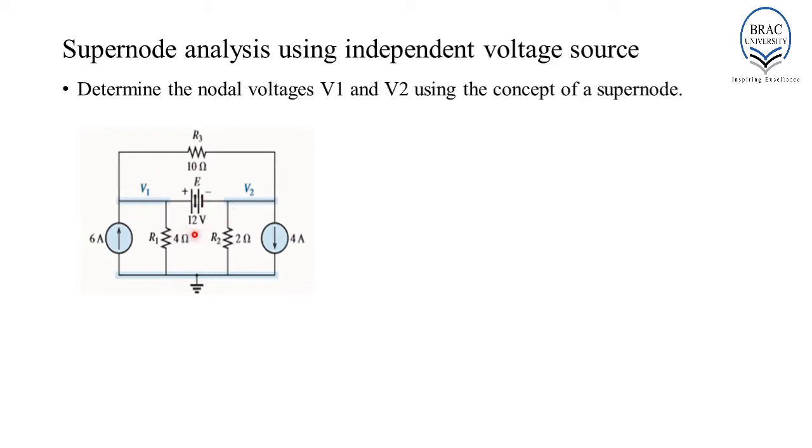In mesh analysis or supermesh analysis, the current source is deactivated by means of an open circuit equivalence. In case of supernode analysis, the voltage source is deactivated by means of a short circuit equivalent.